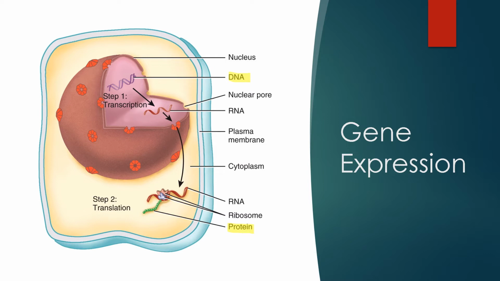So first, step one, the DNA is going to be transcribed. Transcription is a process where DNA is rewritten into RNA. Specifically, DNA is converted into a specific type of RNA called mRNA, otherwise known as messenger RNA.